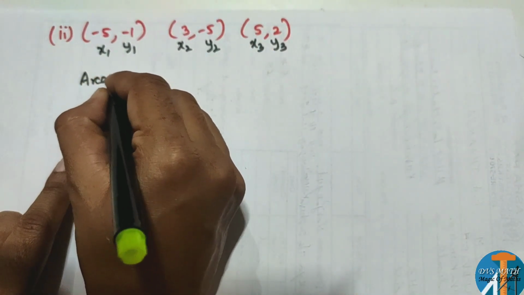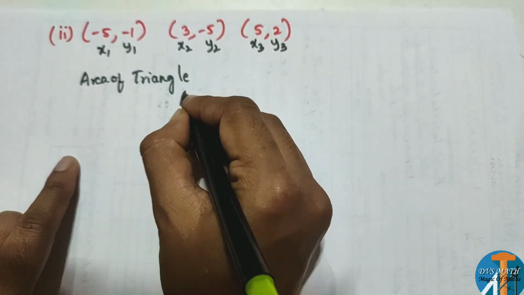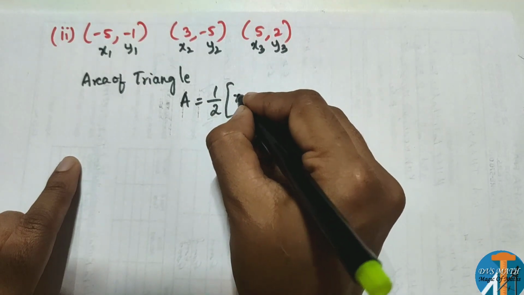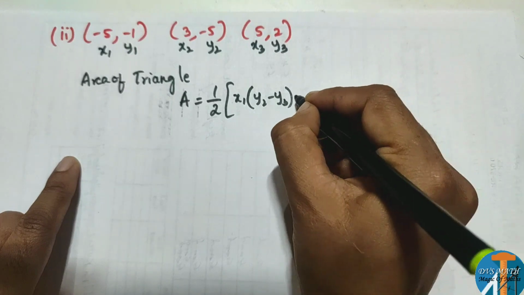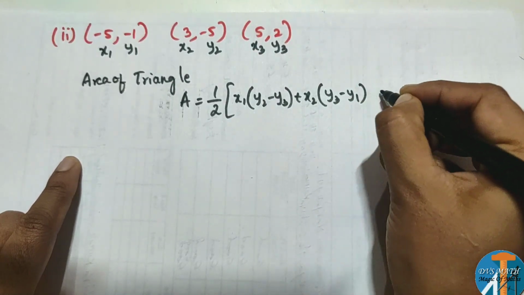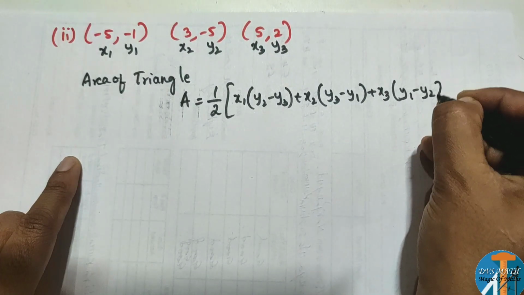Writing the formula. Area of triangle, that is A is equal to half of x1 (y2 minus y3) plus x2 (y3 minus y1) plus x3 (y1 minus y2).